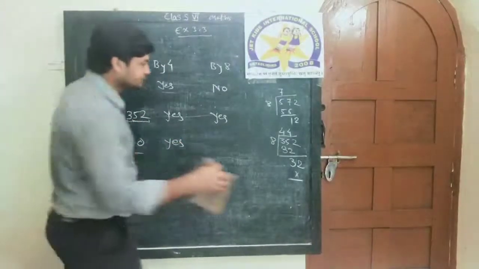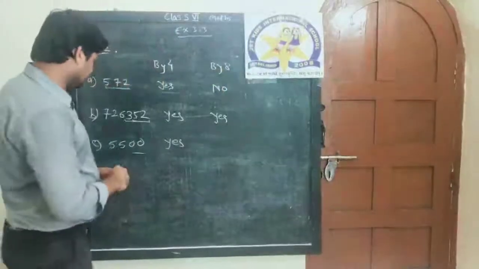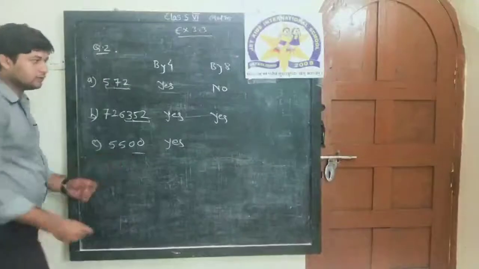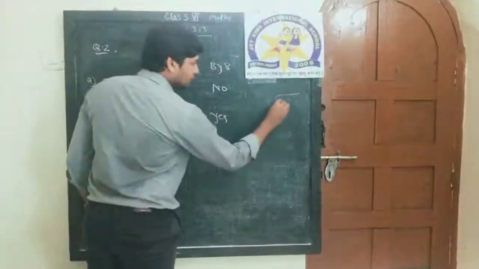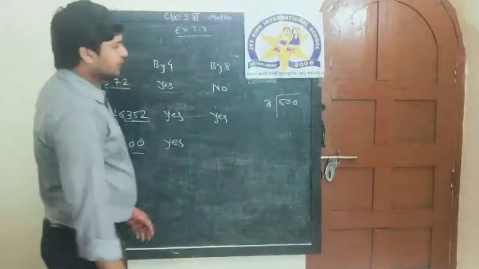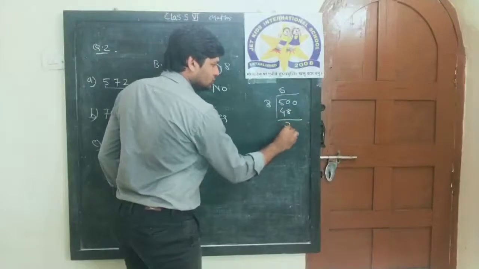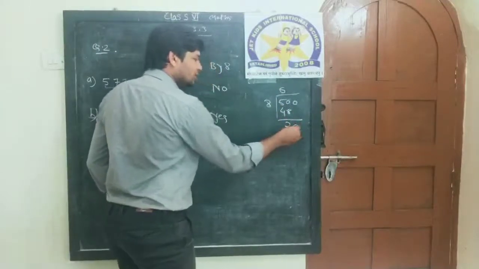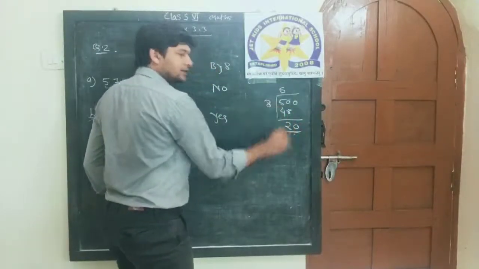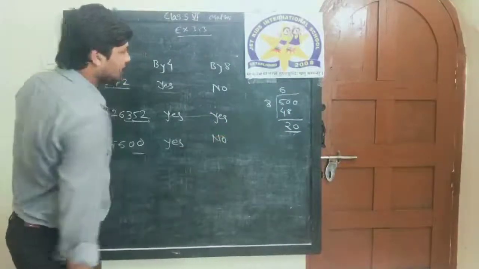Next, here we have 500. I am checking whether 500 is divisible by 8. 8 sixes are 48, remainder 2, bring down 0. 20 is not exactly divisible by 8, so no, it is not divisible by 8.